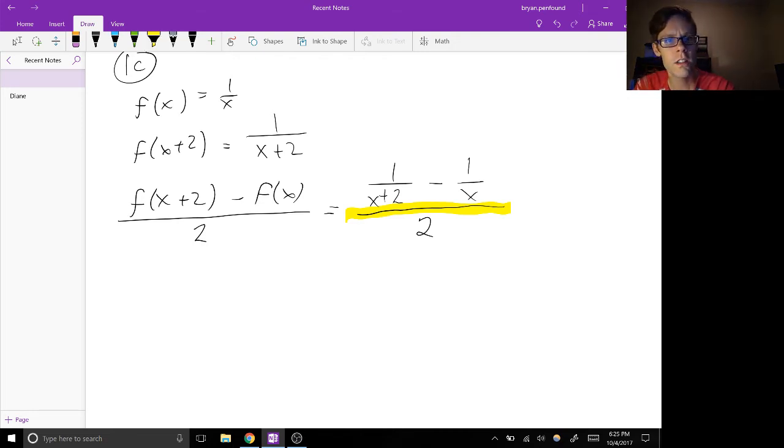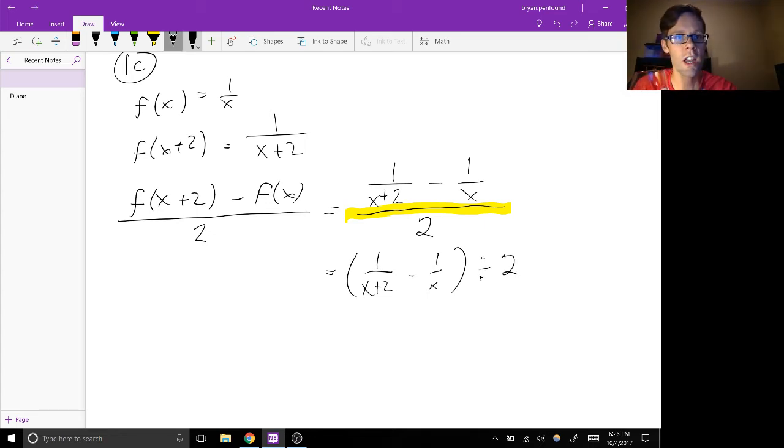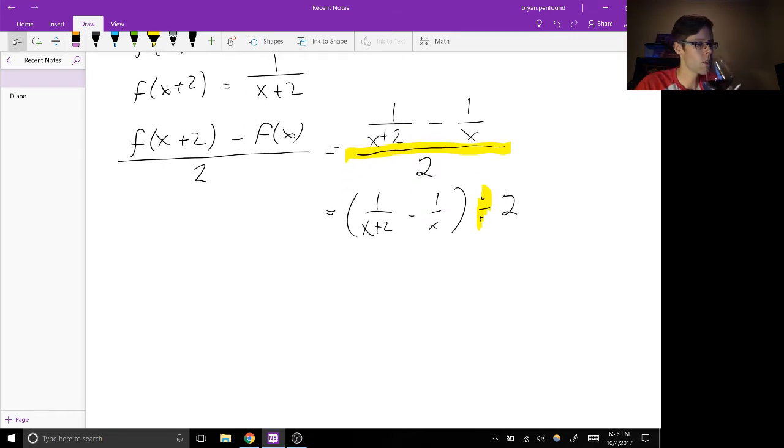I tend to prefer to look at this like 1 over x plus 2 minus 1 over x, all divided by 2. So I'm changing this fraction bar that I've highlighted into a division symbol, just so it looks a little bit cleaner, and I don't lose that extra division step along the way.